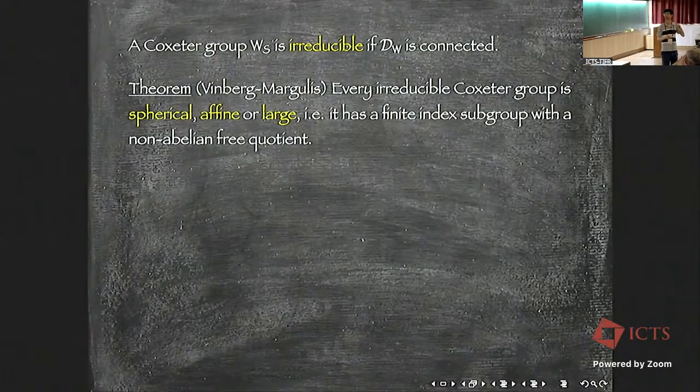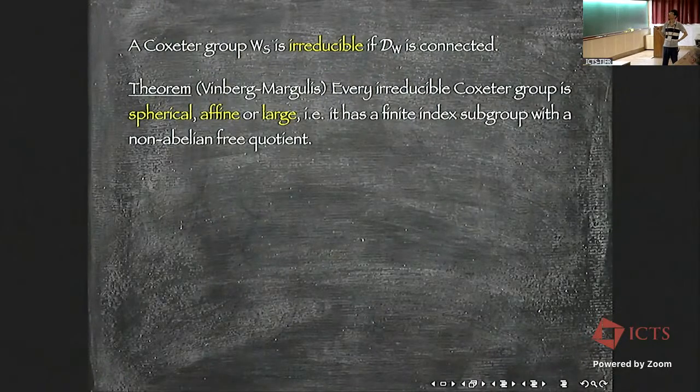So in some sense, the spherical and affine cases are simple, right? A finite group or a virtually abelian group. And the other case is large, meaning it has a finite index subgroup which surjects onto a non-abelian free group.